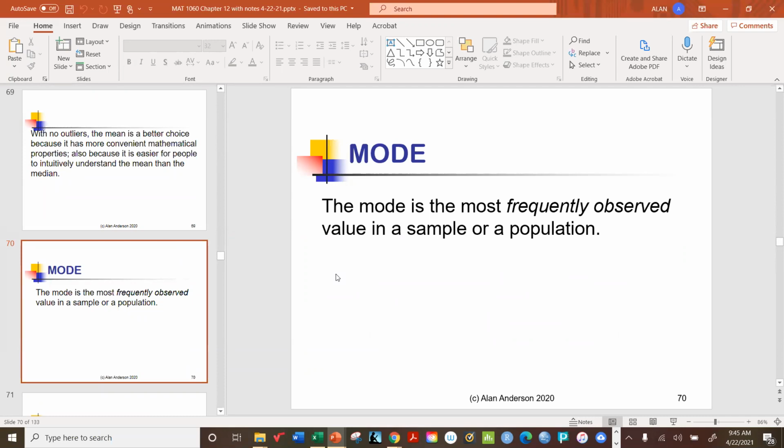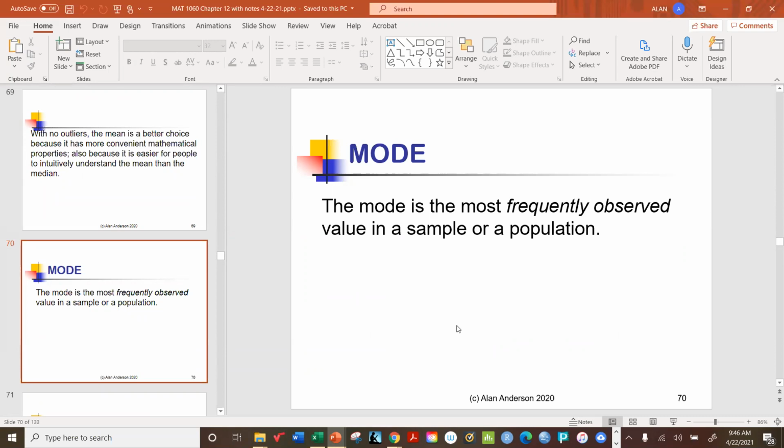Like, for example, if your data consists of colors or flavors or bands, anything that's not quantitative is probably better described with a mode than a mean or a median. In fact, it's mathematically impossible to apply the mean and the median to non-numerical data anyway. So in cases like that, the mode is really the only choice you have.